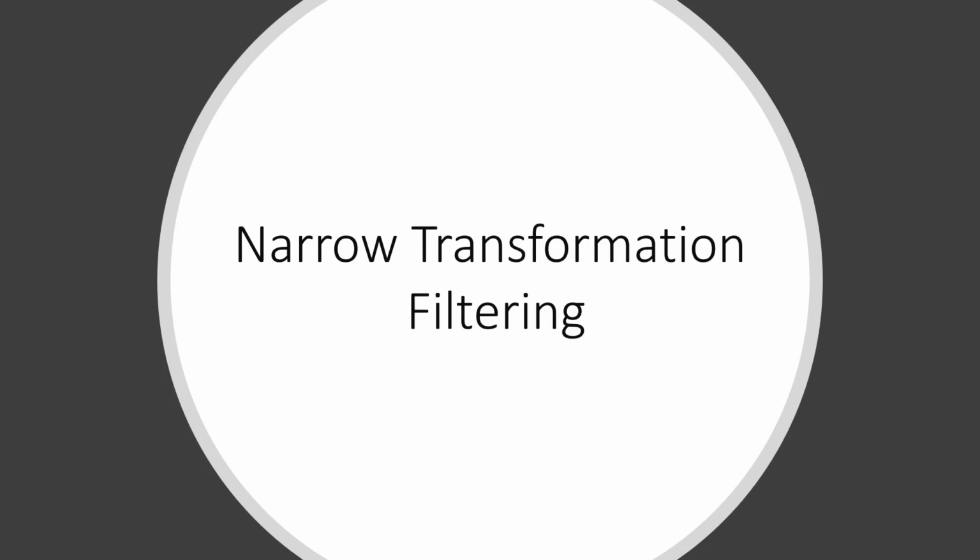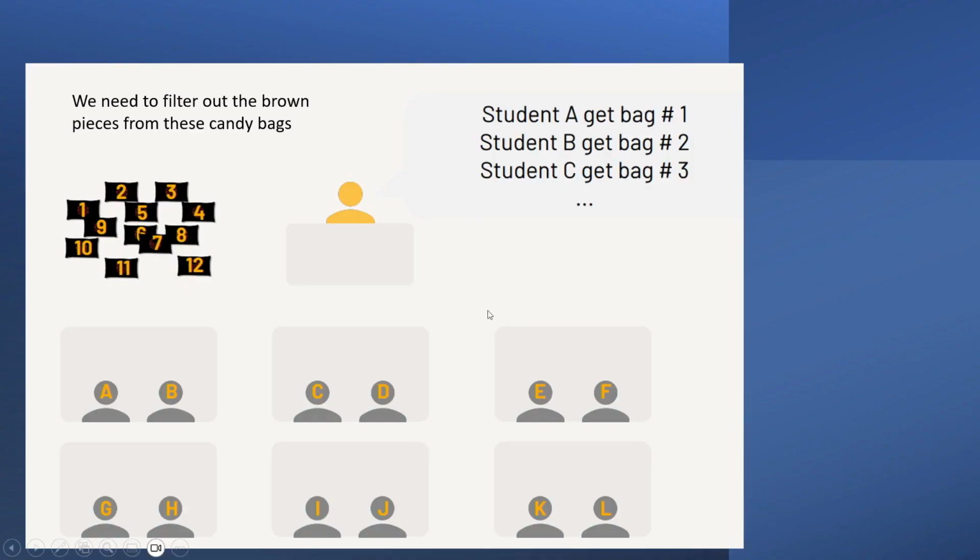Let's start with a narrow transformation. That would be filtering. In our case, we will see how to filter our data. So for example, here we have one driver node that we can imagine is the teacher, and then we have the students at the bottom. Each desk represents a worker node, and each desk has two students, or cores in Spark terms, right?